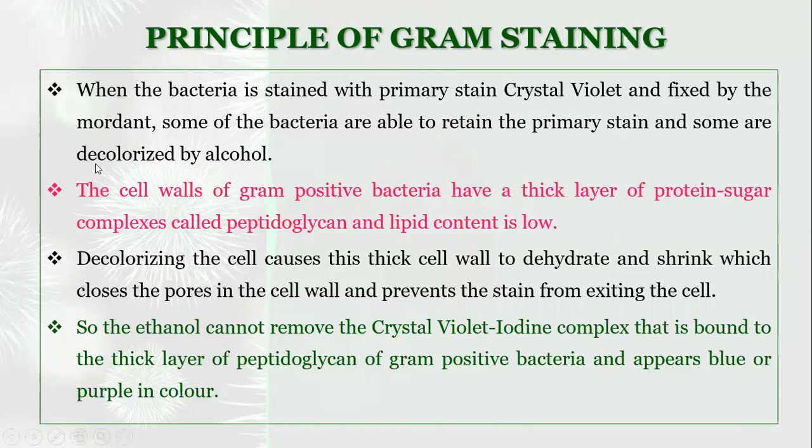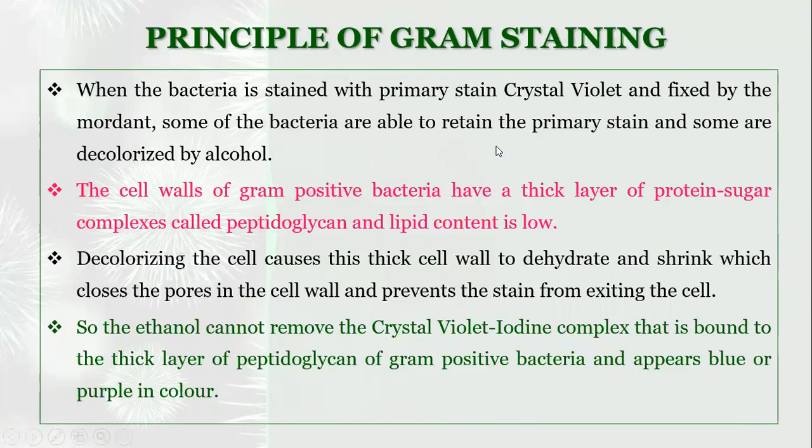Then a mordant is added. In Gram staining, the mordant is iodine. Once you add the iodine, it enhances the penetration of the crystal violet dye into the cell wall. That is the function of a mordant: enhancement of penetration of dye into the cell wall.